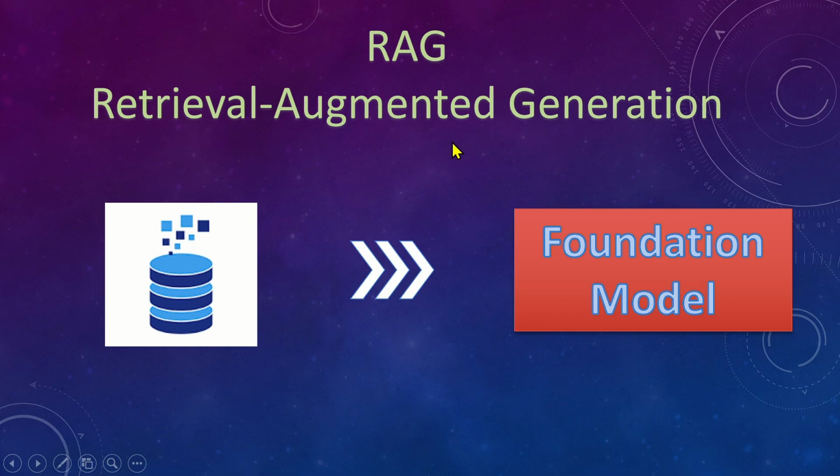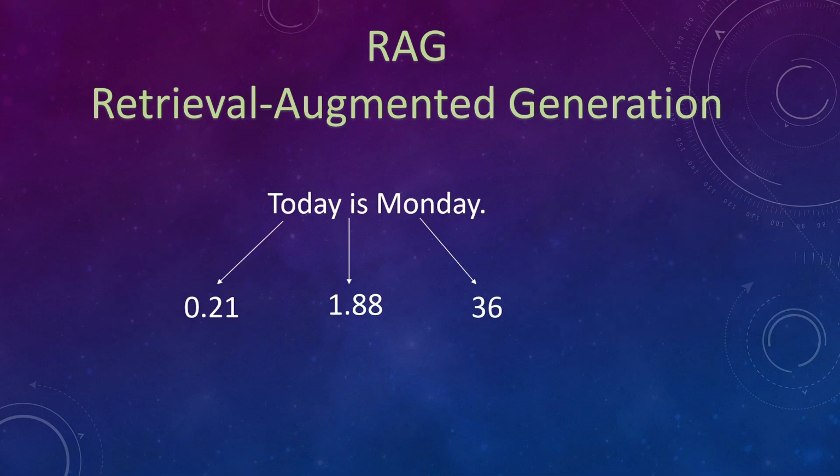Now why a vector data store? A vector data store has an embedding process. Embedding means whatever information we store or provide to the LLM is stored in the form of numericals, be it text, image, or video, anything.